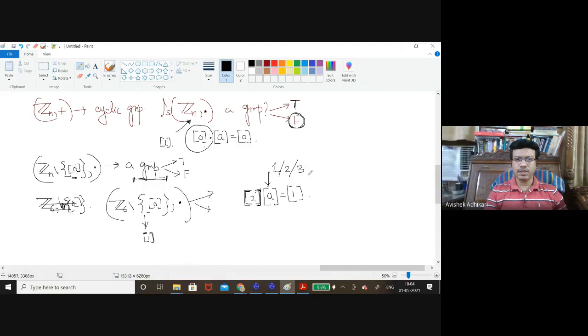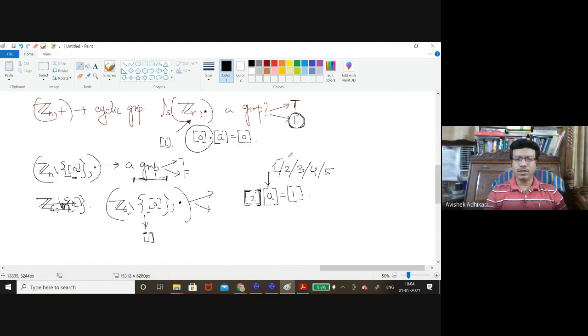Let's start with 3, then it will be 0, but 0 is not present, and we are trying to find something which should be 1. If I multiply by 4, then it would be 2. If I multiply by 5, then it would be 4.